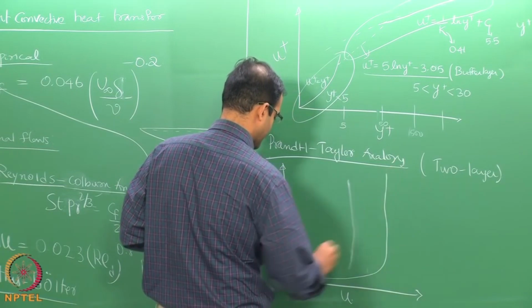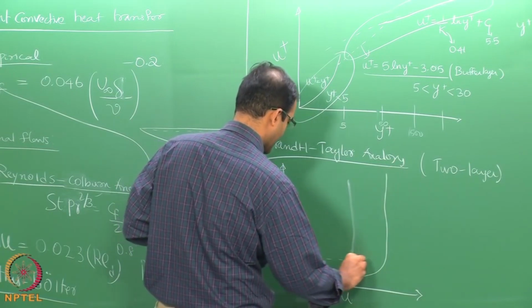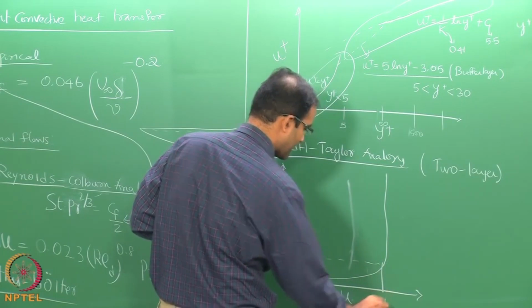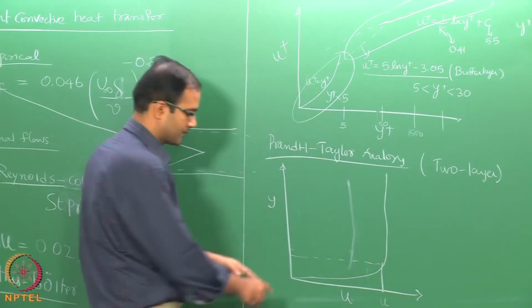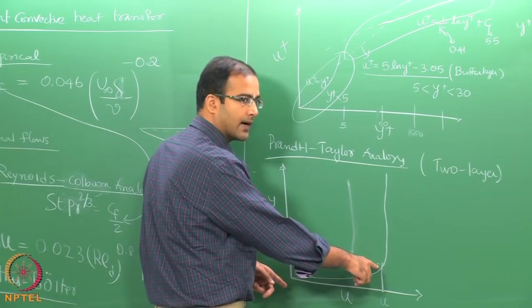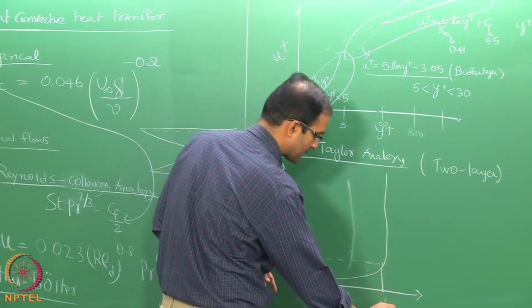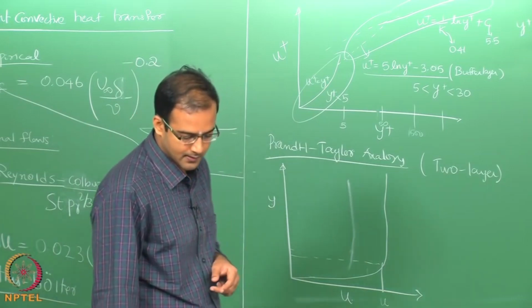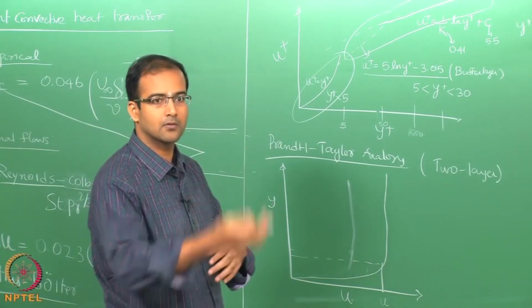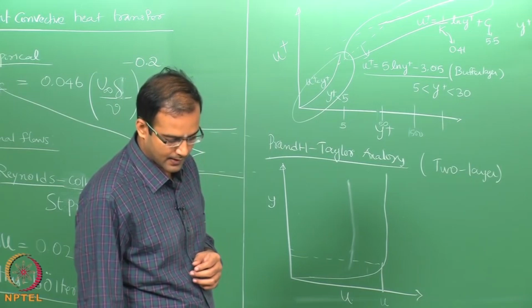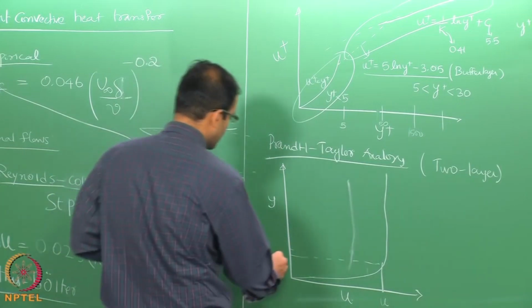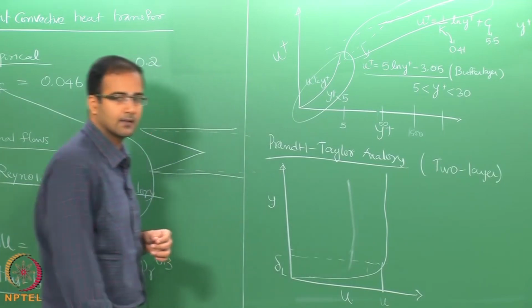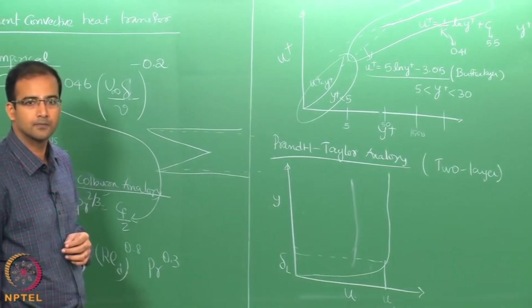Till a certain location, this will be dominated by viscous effects from the wall, and from this point, let us call this UL, it transitions from a laminar sublayer to a fully turbulent layer. The corresponding thickness of the viscous sublayer, let us call this delta L.